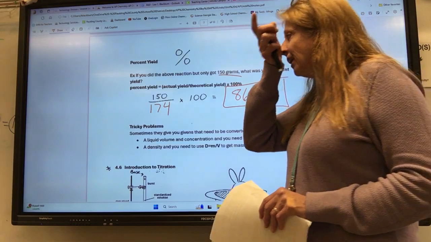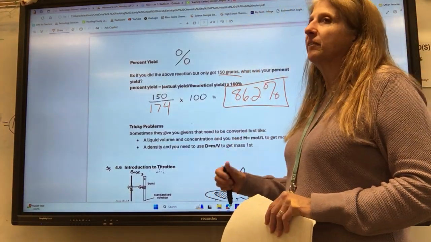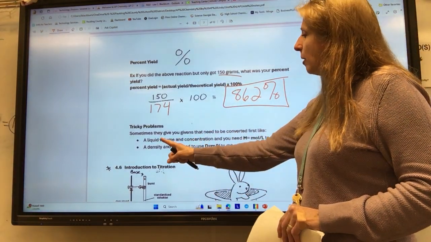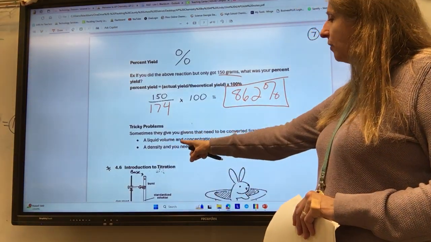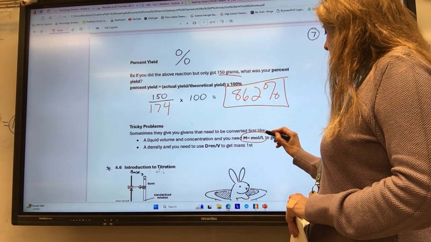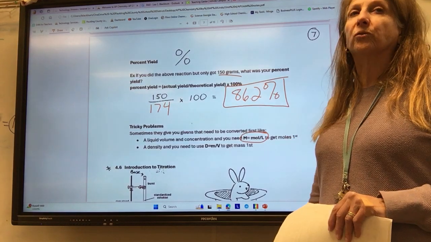Okay, so then the other thing they'll do to make this tricky is, instead of just giving you grams or liters or particles, sometimes they'll give you a liquid, volume, and concentration. And first, before you do the problem, you have to use molarity equals moles over liter to get the moles first.